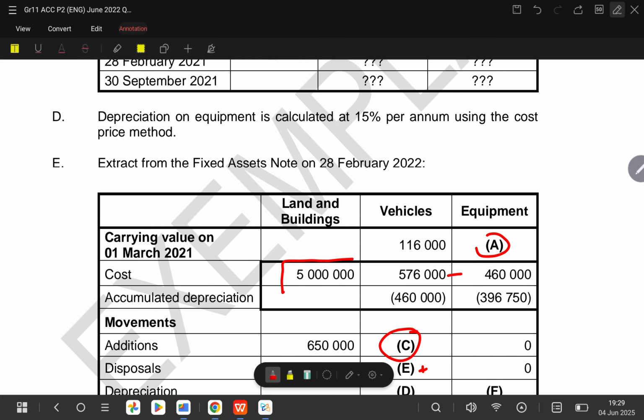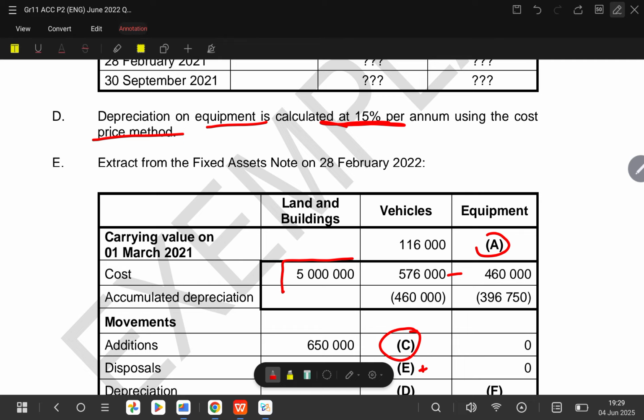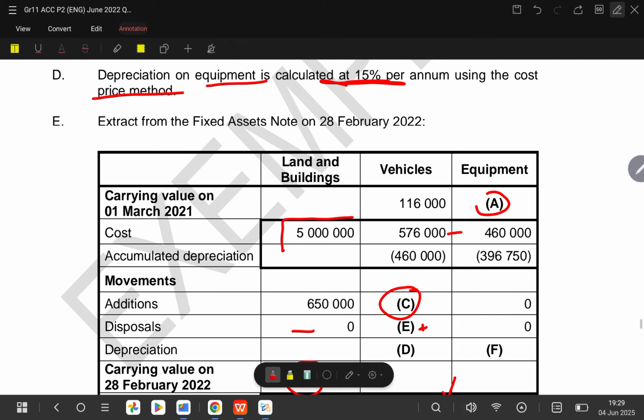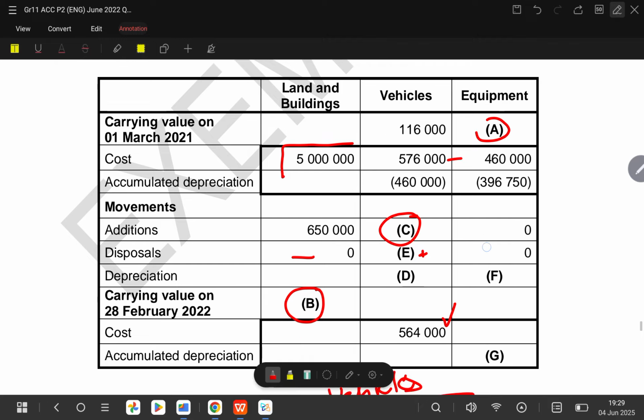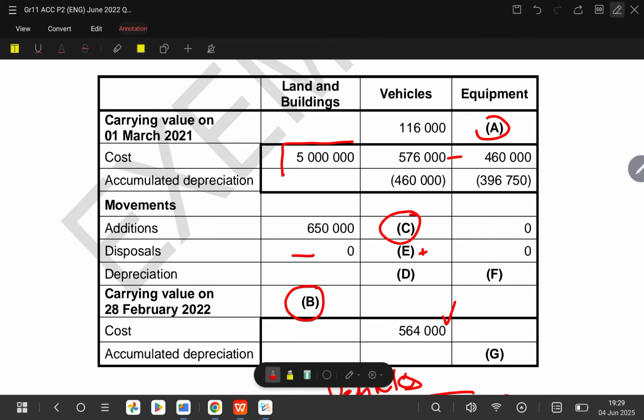They said depreciation on equipment is calculated at 15% per annum using a cost price method, right? So now you are going to calculate depreciation on the cost price.